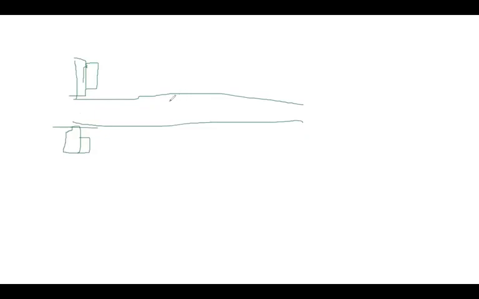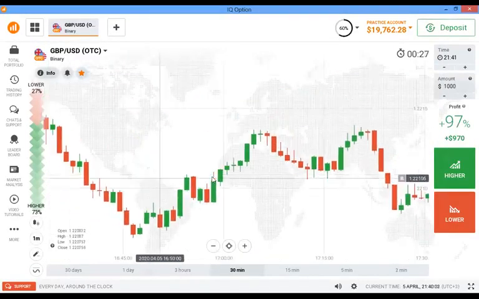So I choose this as the SR level, that is the buyers and sellers area. The sellers will come to this level and close with a rejection, buyers enter. If buyers will come to this level and close with a rejection, sellers enter. So I want to show you on the chart how to draw that level properly.